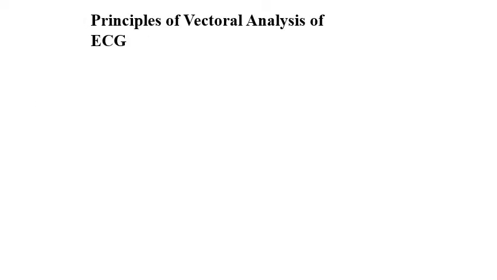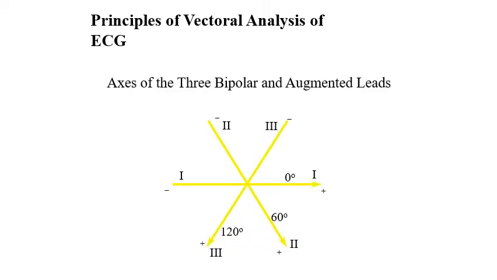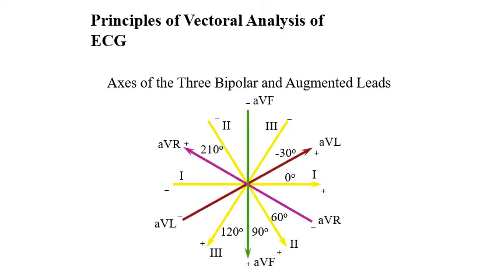So in the vectoral analysis of ECG, we place all the lead vectors. We can put the 3 bipolar leads and also the augmented leads all together with their angles, as we talked about previously.